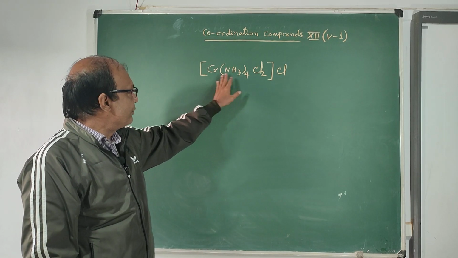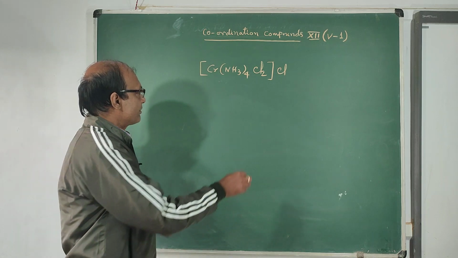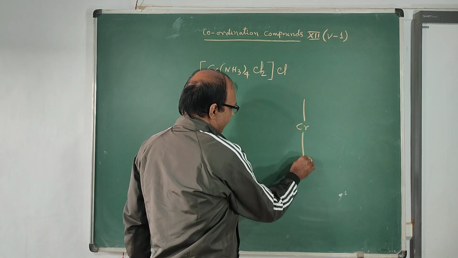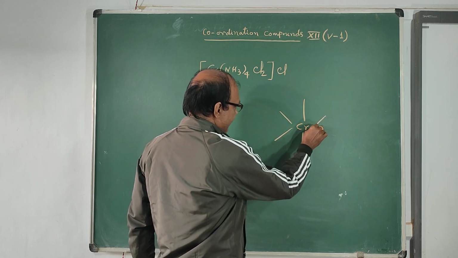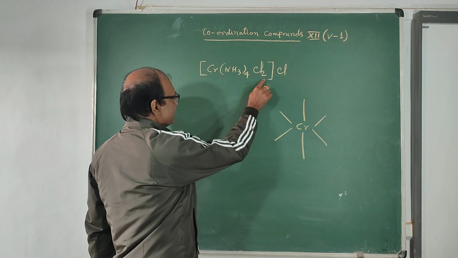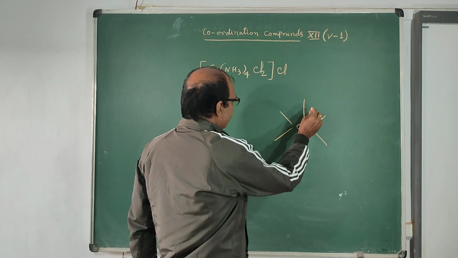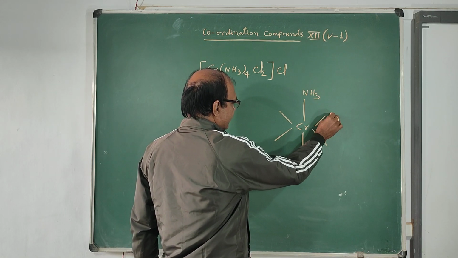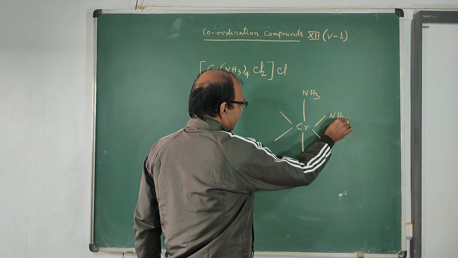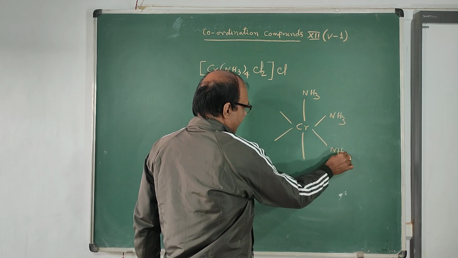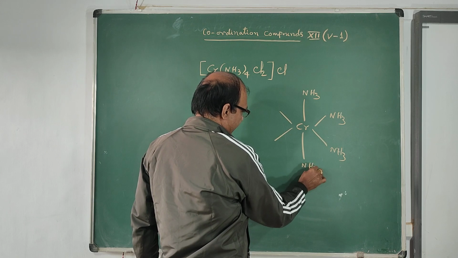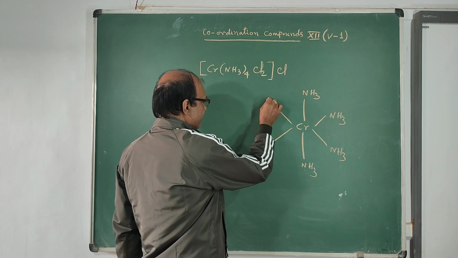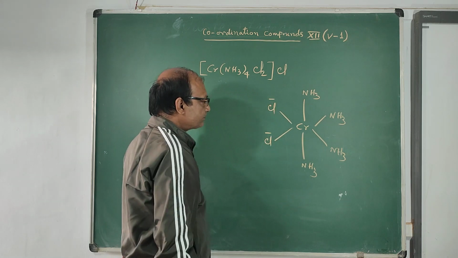If you draw the structure of this compound, you will see that it is octahedral in shape. In the coordination sphere, there are 4 ammonia molecules, NH3, and 2 chloride ions, Cl minus.